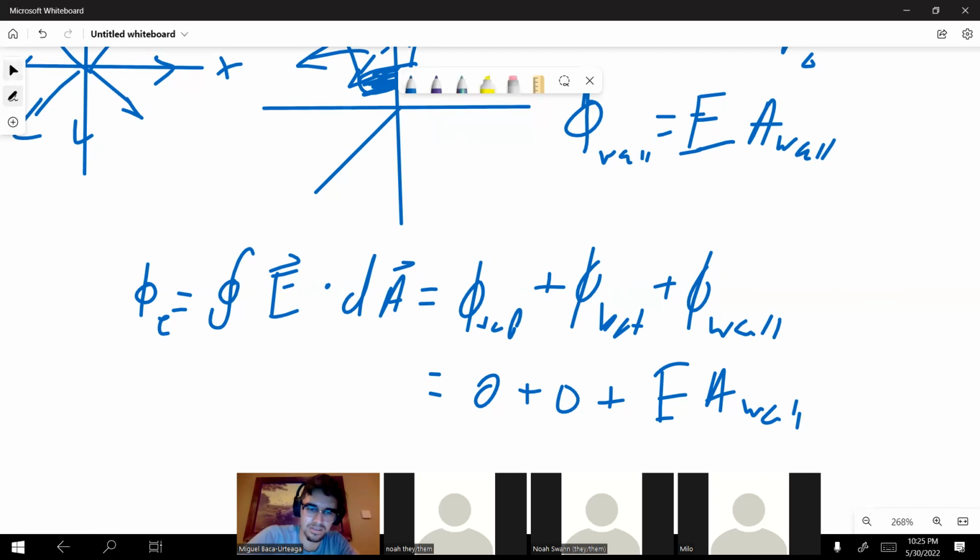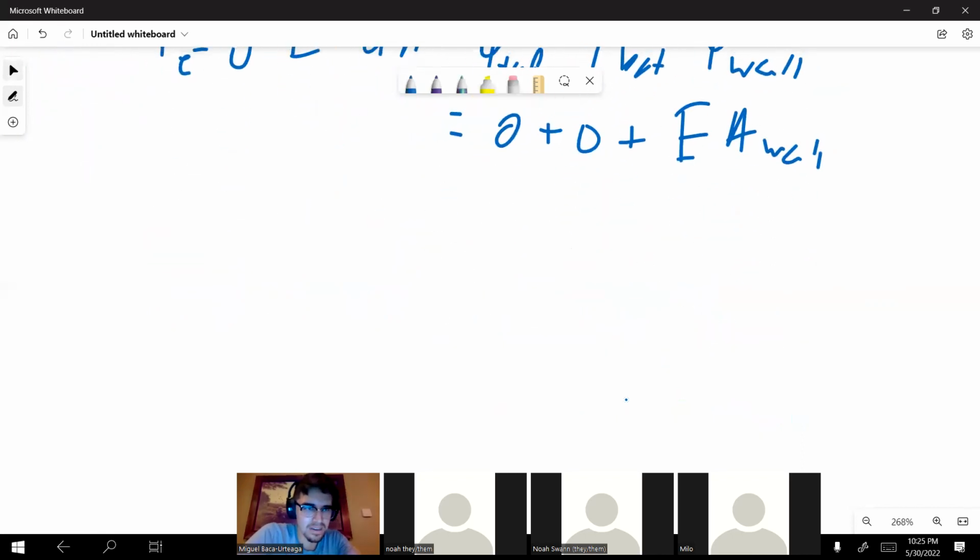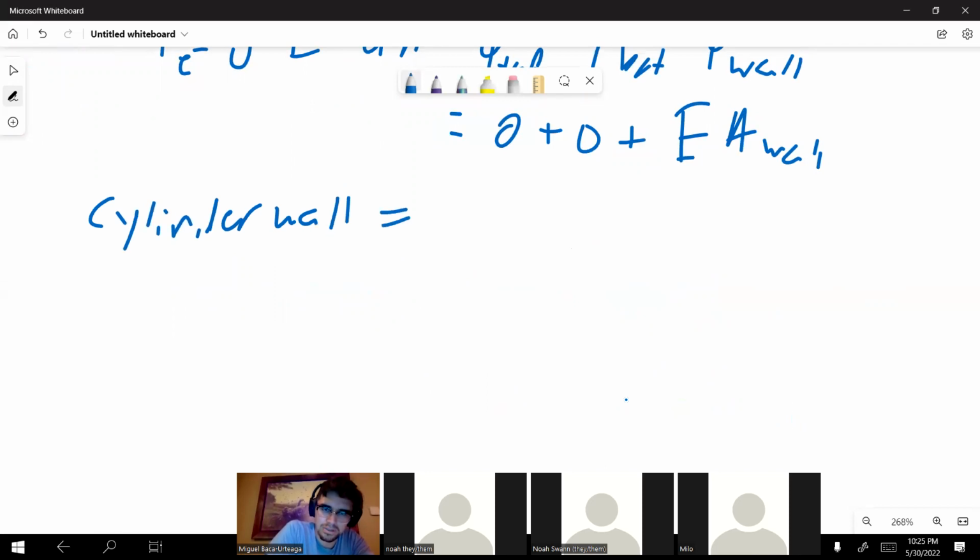So this is a little bit of geometry. Gosh, when did I take geometry? Middle school? So, cylinder wall is equal to circumference times, I'm going to say h for height.